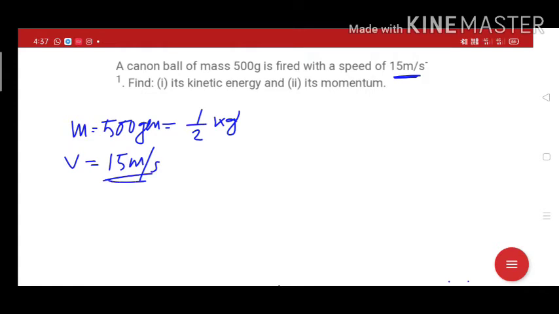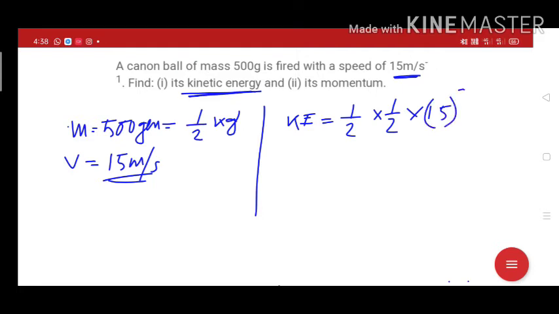Okay, so what is the kinetic energy? Kinetic energy is equal to half m, that is 1 by 2 into v square, that means 15 square, so it is going to be 1 by 4 into 225, and 225 by 4 is going to be 56.25 joule.